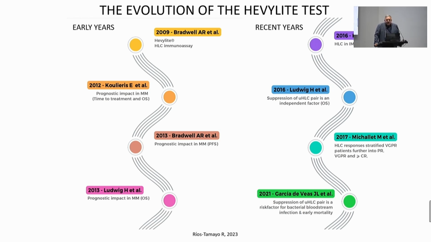Two years ago, my colleague, Dr. Garcia de Beas, presented a very interesting study demonstrating that the uninvolved pair was for the first time related to the risk of bloodstream infection and also early mortality.